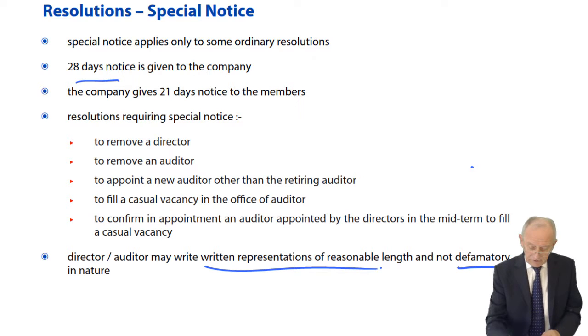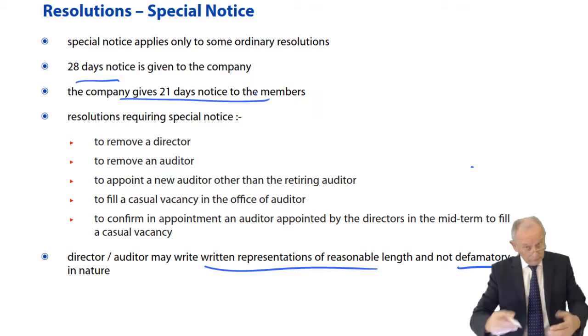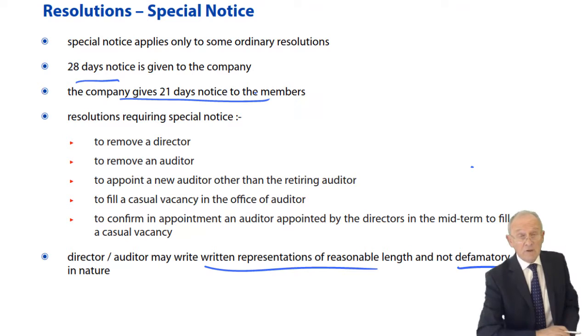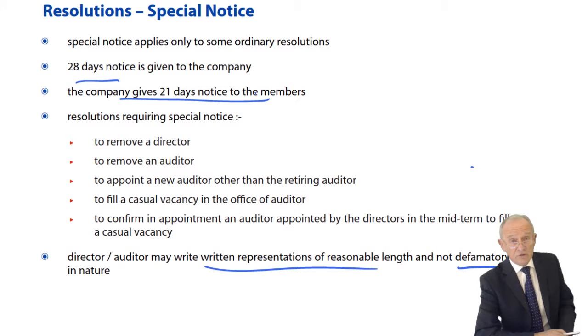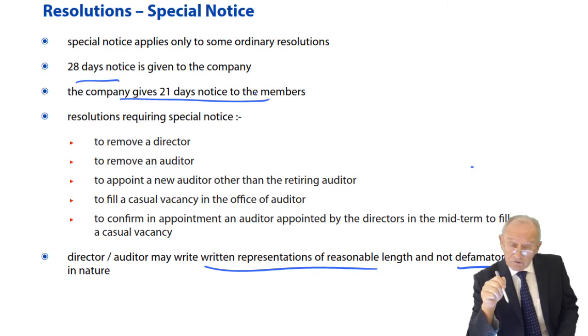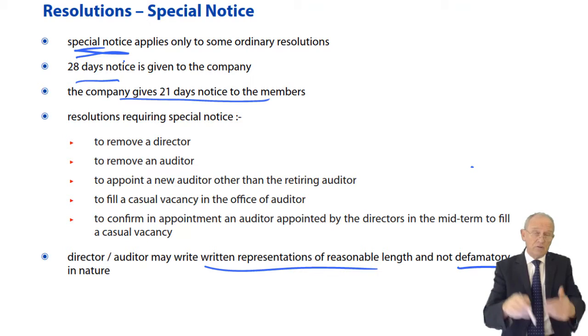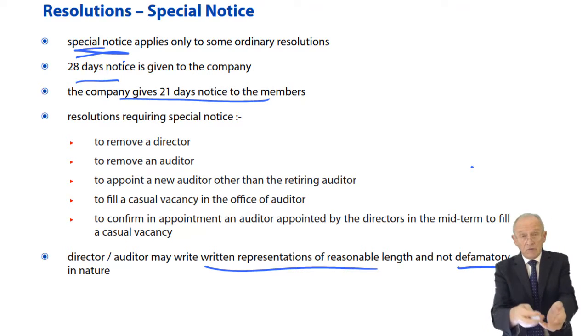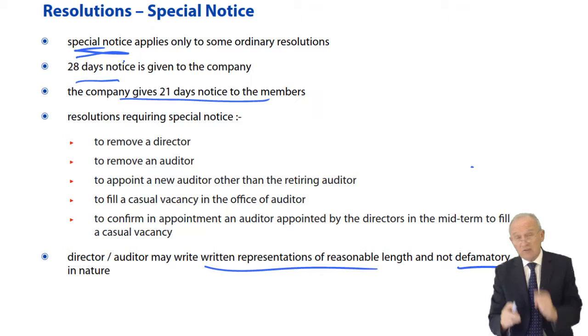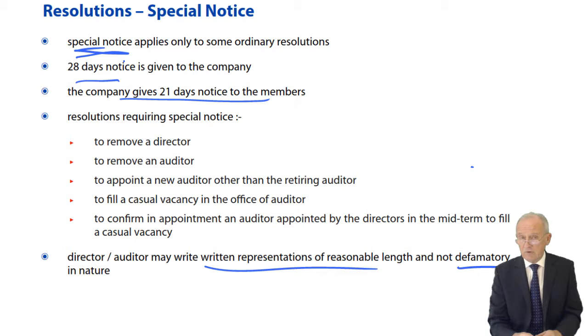So the company gets 28 days notice, and will normally, if non-defamatory, send a copy of these written representations of reasonable length. Not only that, but the registrar gets a copy of this special notice. This 28 days notice given to the company, and then special notice to the members. The registrar gets a copy of that special notice.